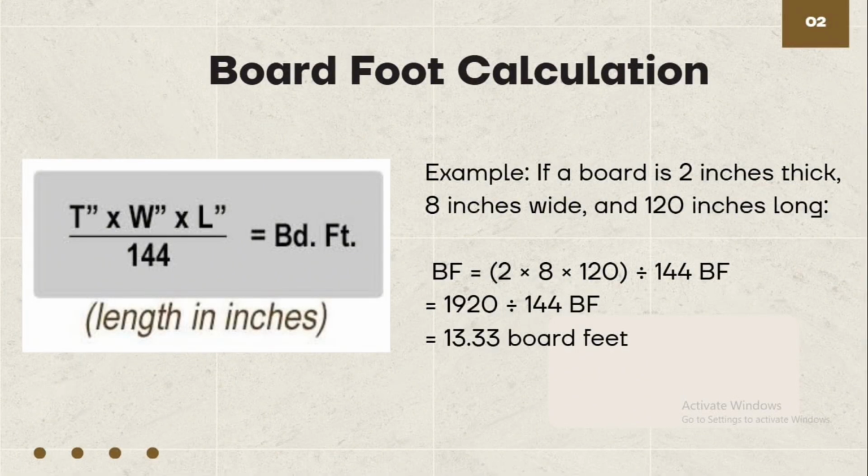Next example for board foot calculation. This example is under thickness times width times length divided by 144, where the length is in inches. For example, if a board is 2 inches thick, 8 inches wide, and 120 inches long, it is solved as 2 times 8 times 120, which equals 1,920, divided by 144.